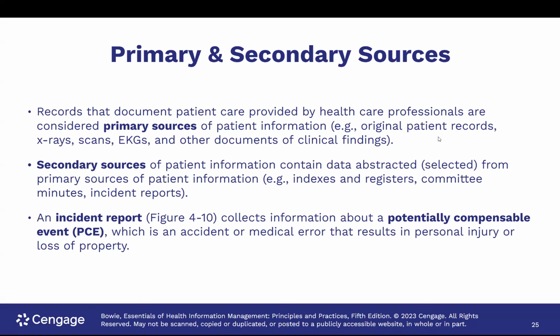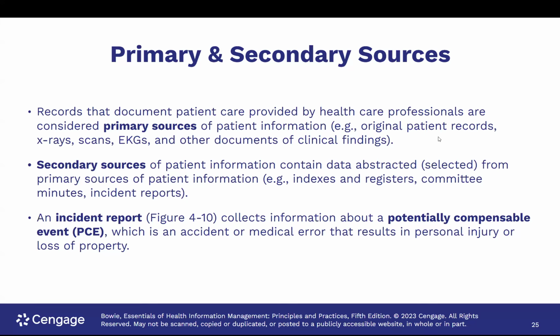Records that show information from either an assessment by a healthcare professional or tests that give objective findings are considered primary sources. When those primary sources are abstracted and go into a cancer registry or a mortality index, that's when they become secondary sources of information. So, primary versus secondary.